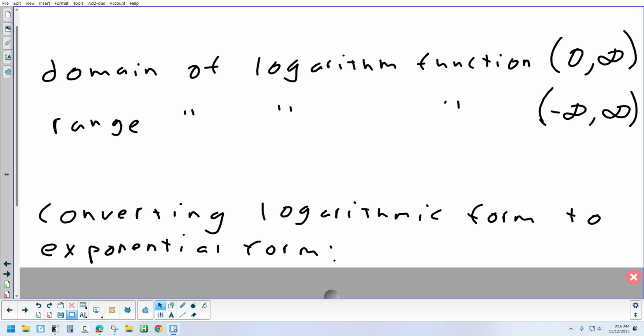All right, so what we want to look at is converting between log form and exponential form. So this is more of a pattern that you need to recognize and how you change one type of equation into the other.